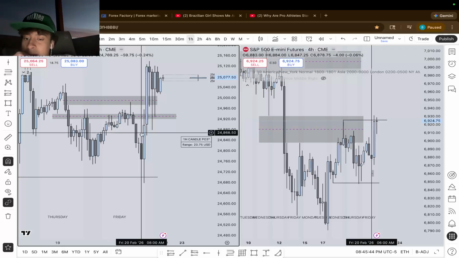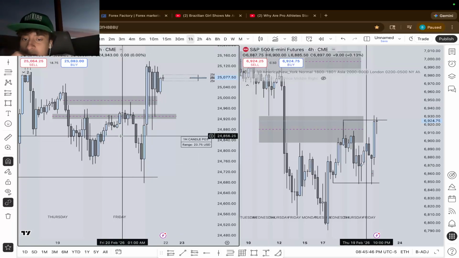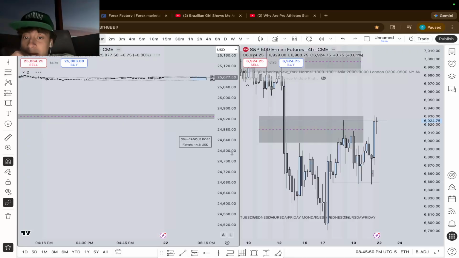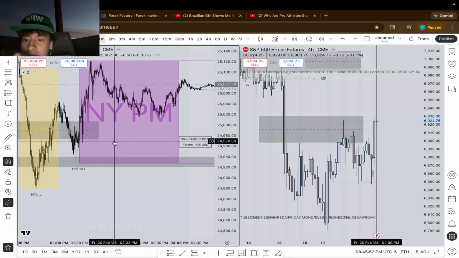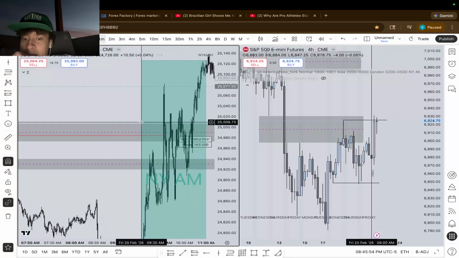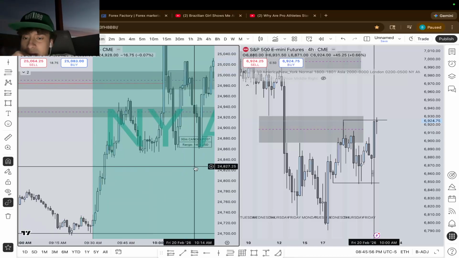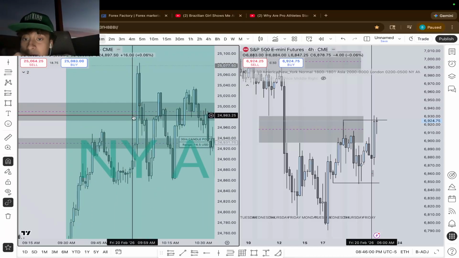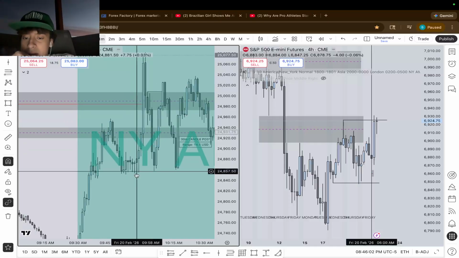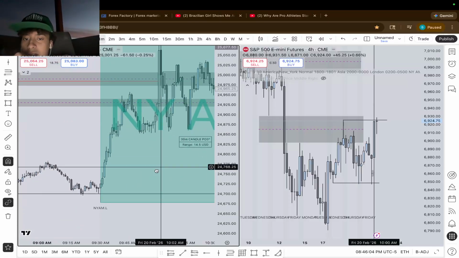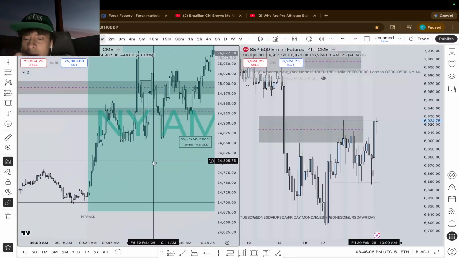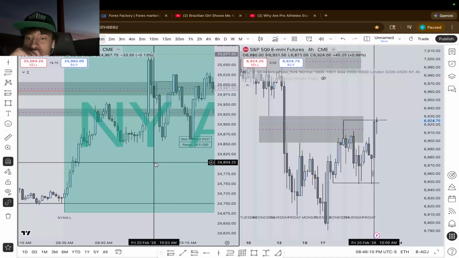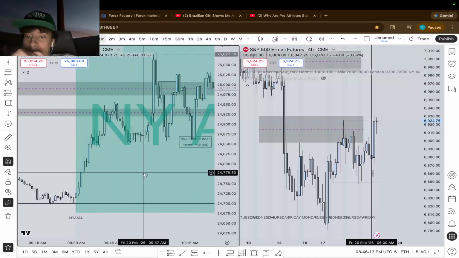I was looking for bearish entries right here, but we just kept displacing, and the way we were reacting towards these draws, we're completely obliterating through the CE, the whole candle closing above. That's not how you want price action to react towards these areas if you are truly still bearish.